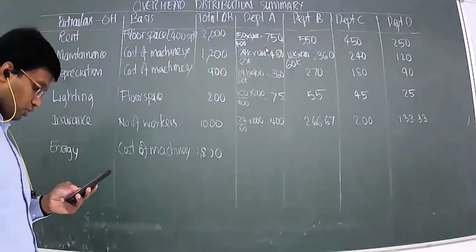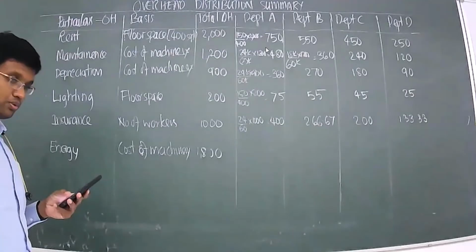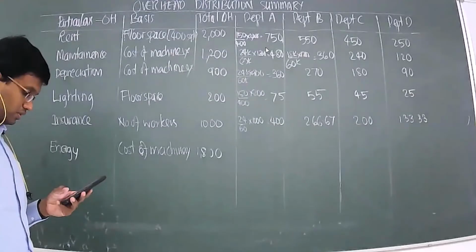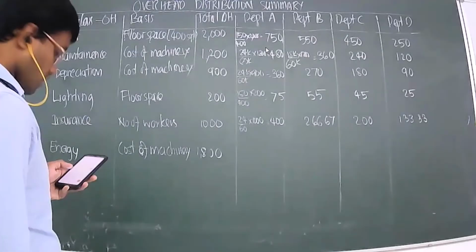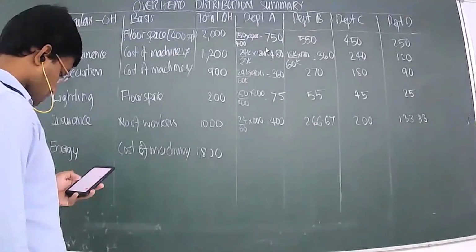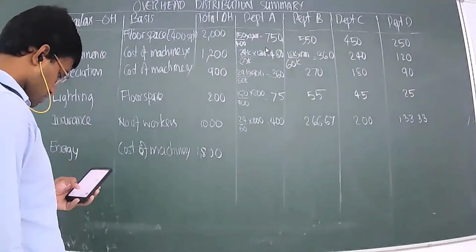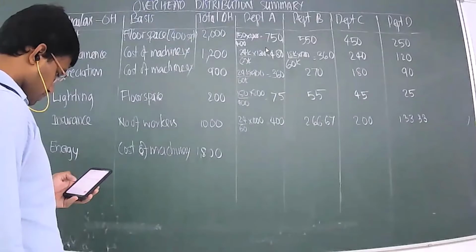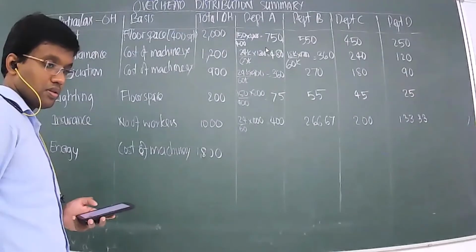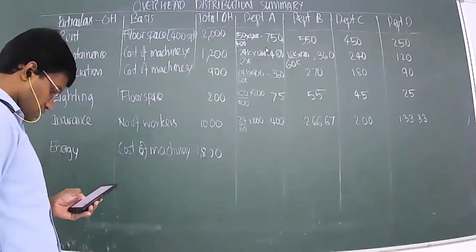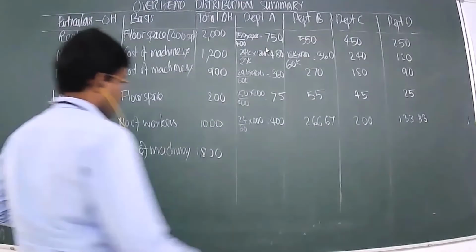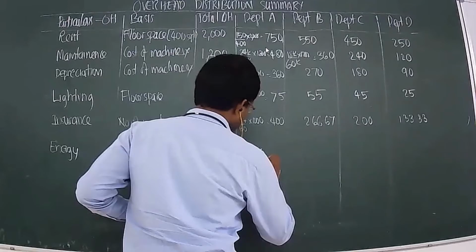So moving forward, let's just quickly calculate this. 24,000 plus 18,000 plus 12,000 plus 6,000. The total works out to be 60,000, which we had already calculated. Here it will be 720.